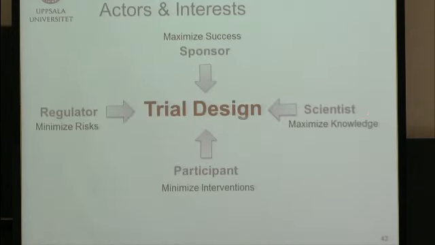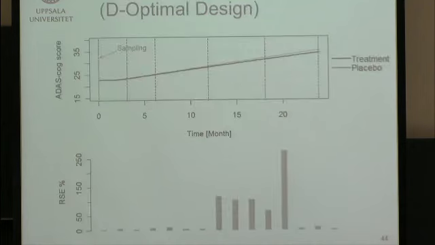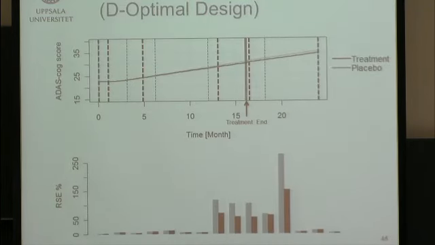The next actor, the scientist, maximizing knowledge. That's maybe more what we are used to, because we can interpret knowledge as information. So we want as much information as possible, and we maximize the determinant of the Fisher information matrix. And then what we end up with is this kind of design. It's actually optimal to stop the treatment a bit earlier and then have a washout, but still continue observing.